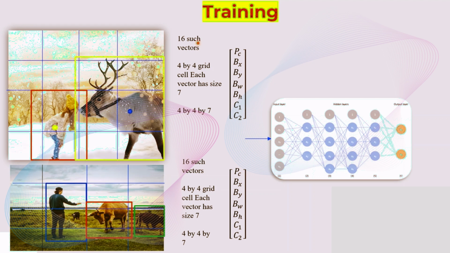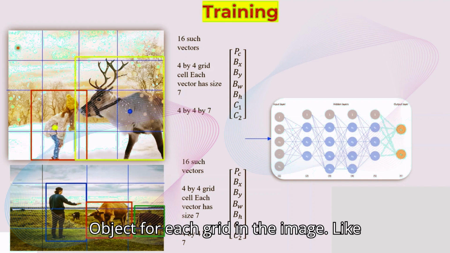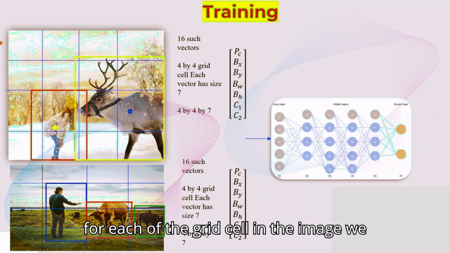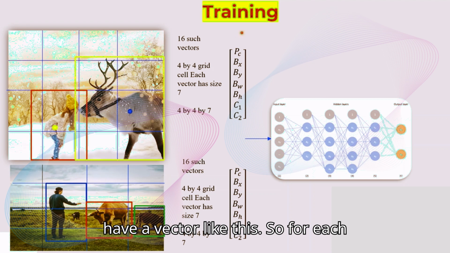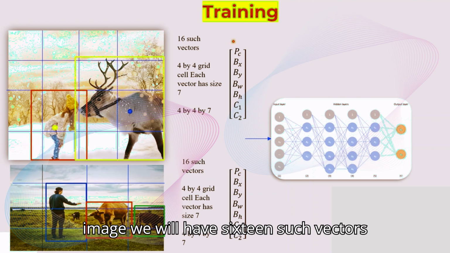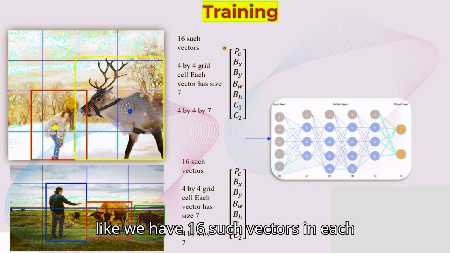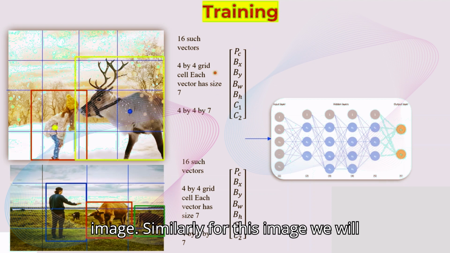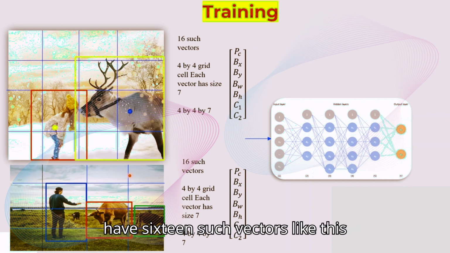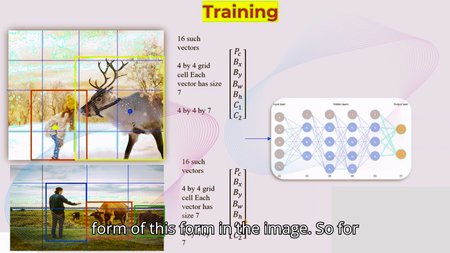So for each grid cell in the image, we have a vector like this, and for each image we will have 16 such vectors. Similarly, for this image, we will have 16 such vectors of this form.